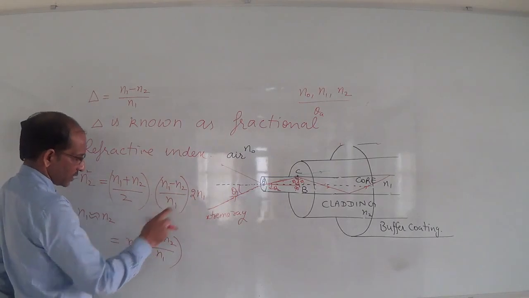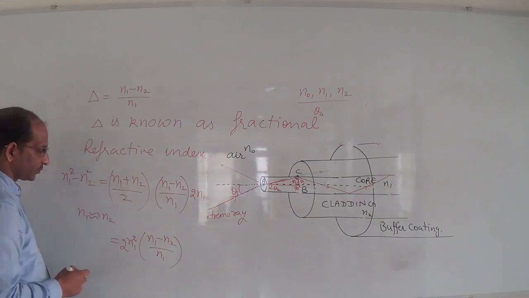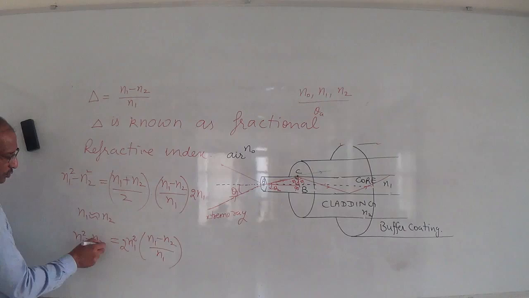So 2n1 into n1 becomes 2n1 square. So this is n1 square minus n2 square.